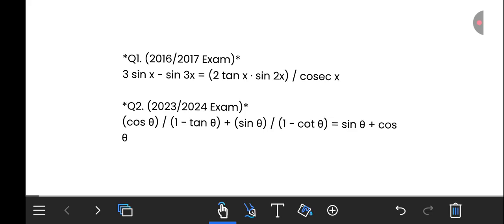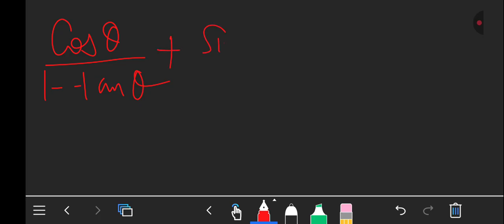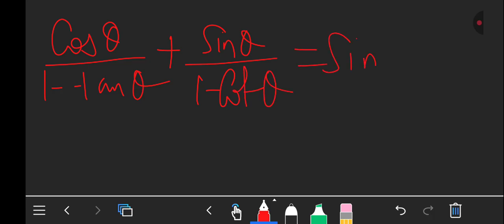Okay, let's do this. So the question we have, we are proving that cos theta over 1 minus tan theta, then plus sine theta over 1 minus, that is simply cot theta, okay, is equal to sine theta then plus cos theta.